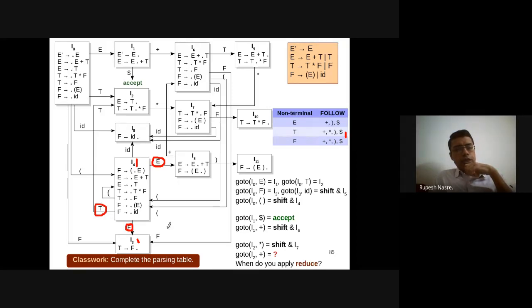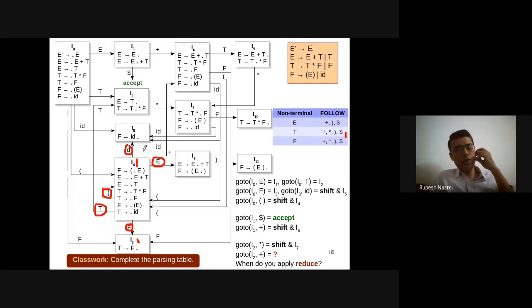So these are going to be three go-to transitions possible. And then on terminals there are transitions like on opening parenthesis as well as ID. Right? Shift and go to I4, and then shift and go to I5.